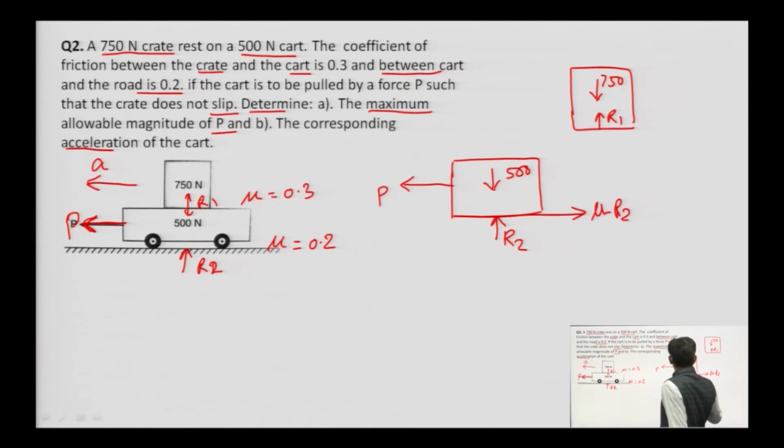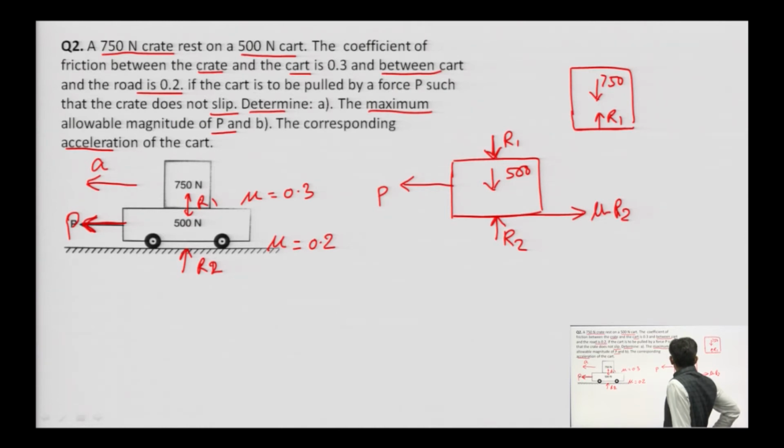One more component, R1, will also act here. This R1 and this R1 will be equal and opposite as shown here, so that the net resultant force is 0 at this contact surface.